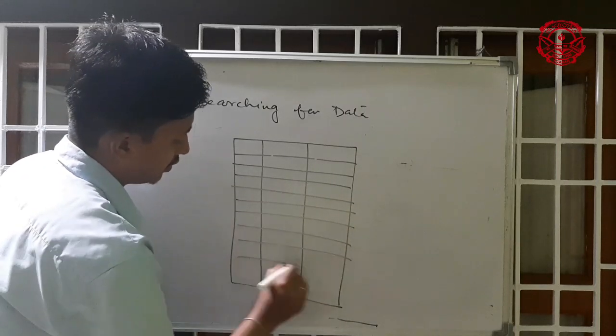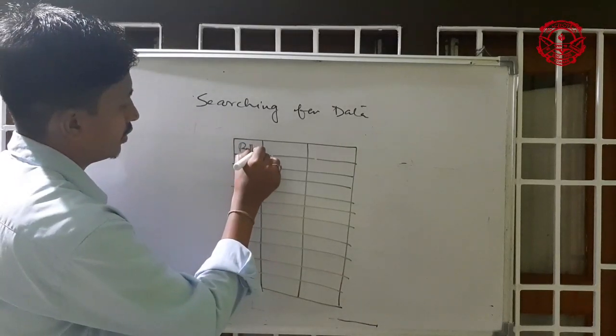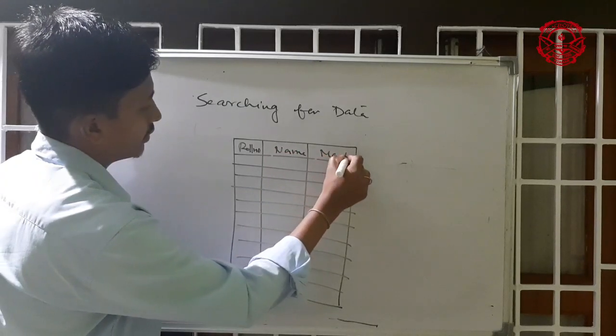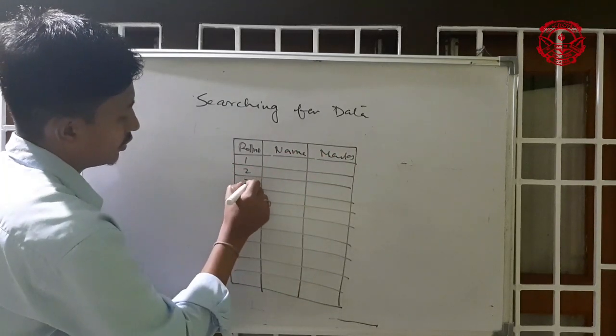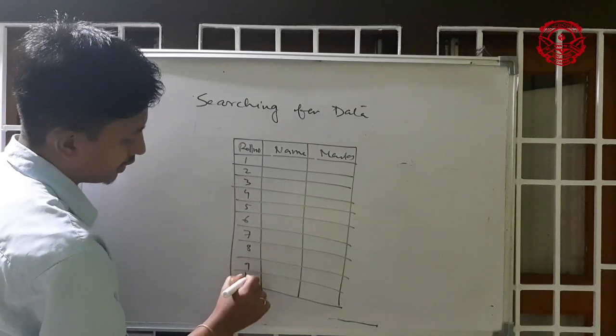So roll number: 1, 2, 3, 4, 5, 6, 7, 8, 9, 10.